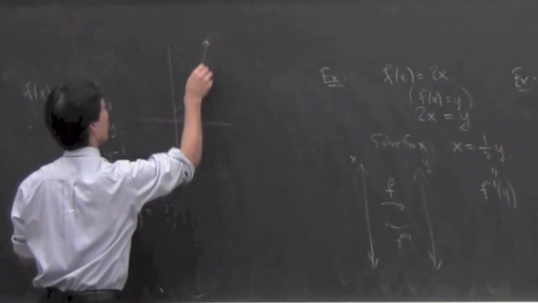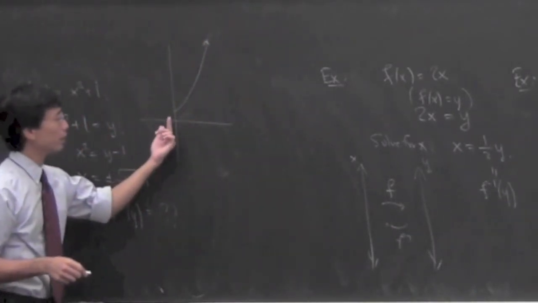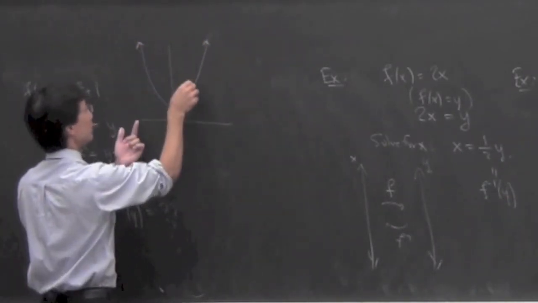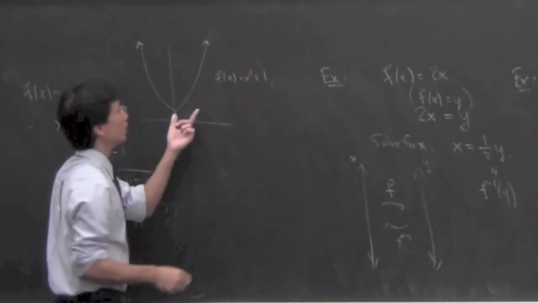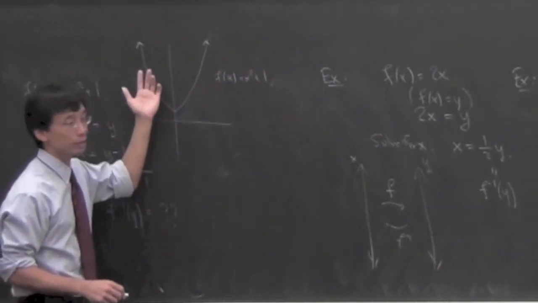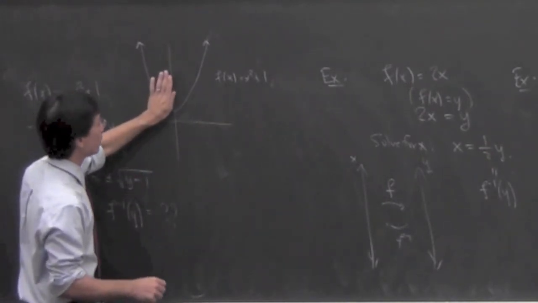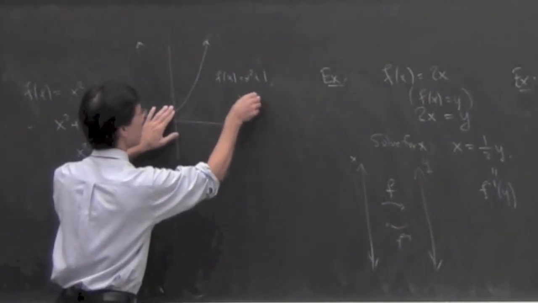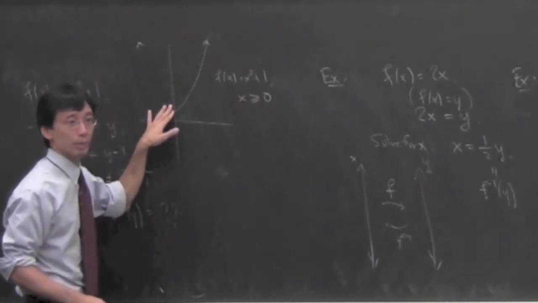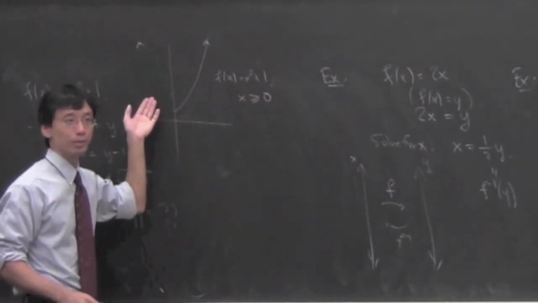Let me make one comment. So here's the function f of x equals x squared plus 1. It's not invertible, but if I look at it only on this half, if I say x has to be positive, now it is invertible.